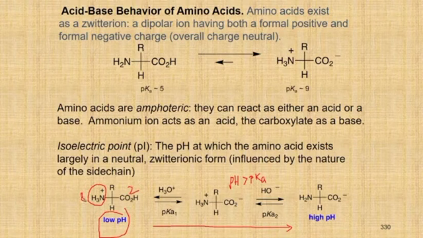So for this carboxyl group to lose a proton, to be in this second stage of dissociation, the pH of this medium must be greater than 2 for it to dissociate from this stage to this stage.